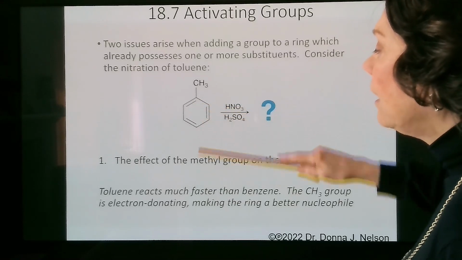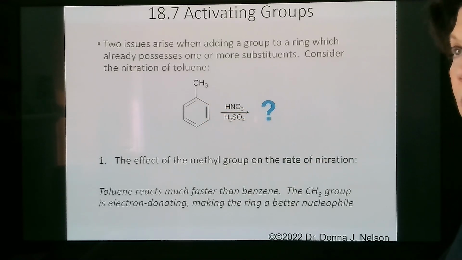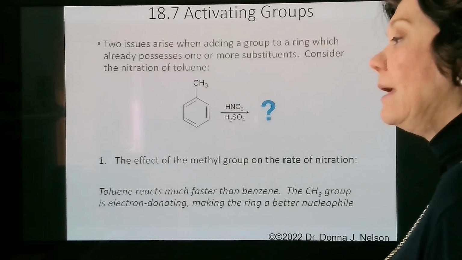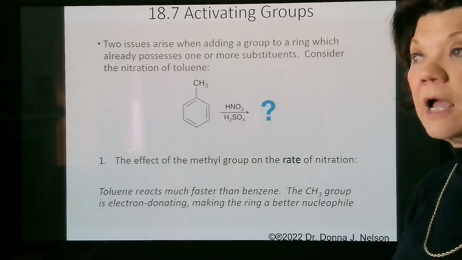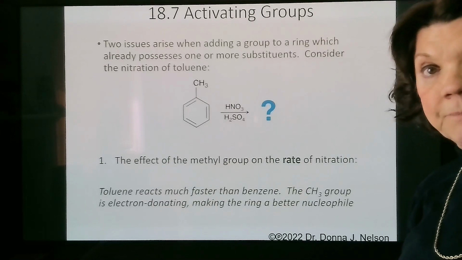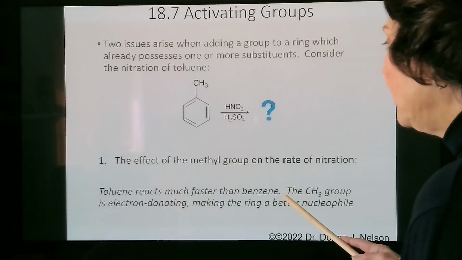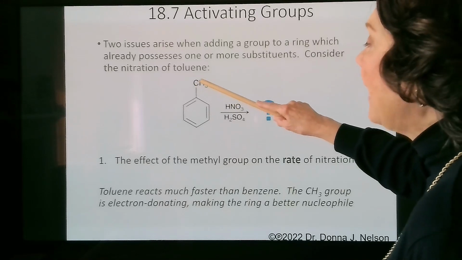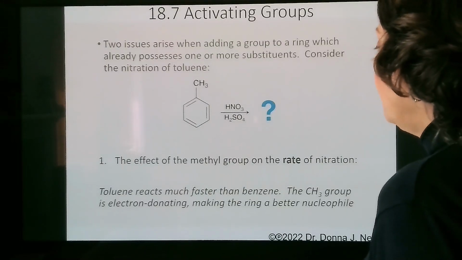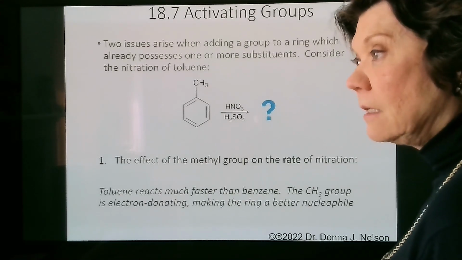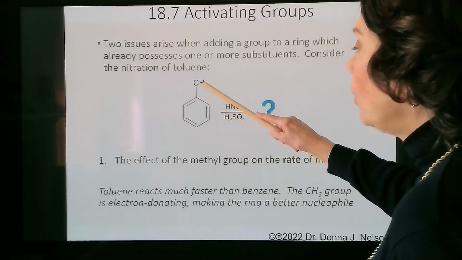And if the ring has more electron density, it is able to effect nucleophilic attack more easily. And so that's the reason for that. You have to be able to analyze these substituents. And so that's what we're going to do now. We need to look at the rate and the directing effects.